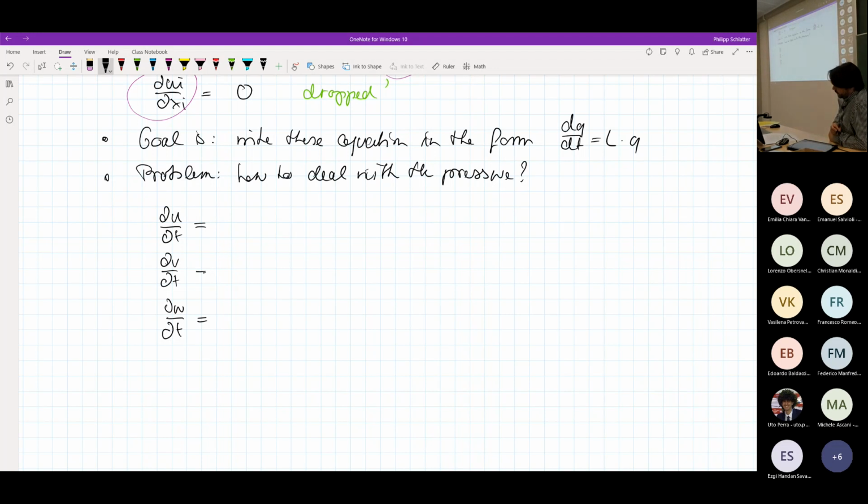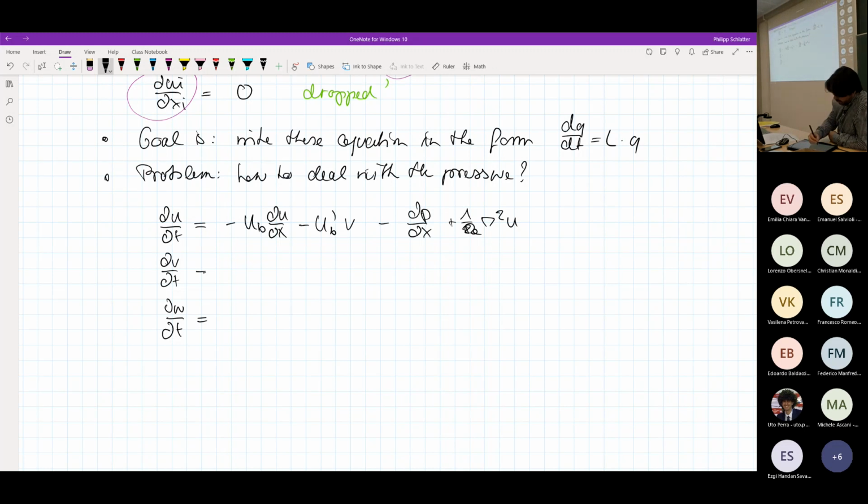So in the streamwise direction, we will get minus U_b du/dx, minus U_b prime times v, minus dp/dx plus 1 over Reynolds times nabla squared u.